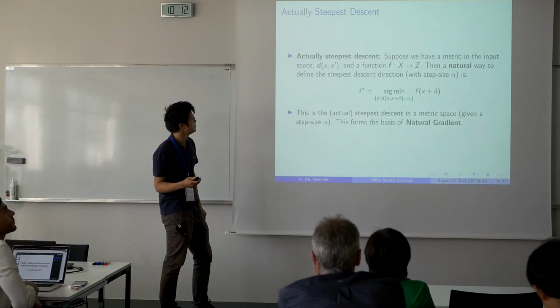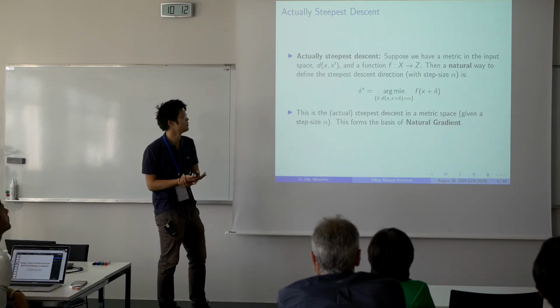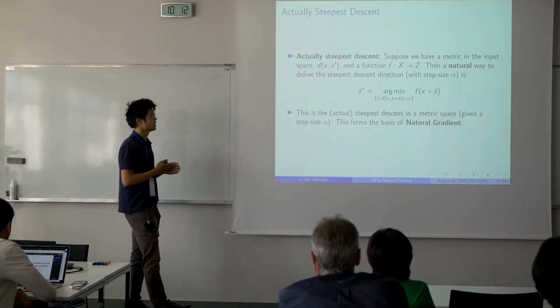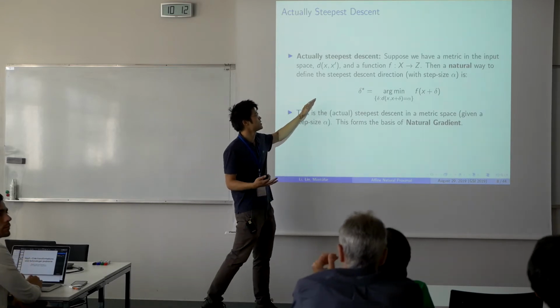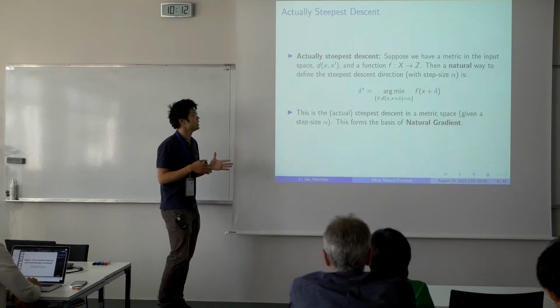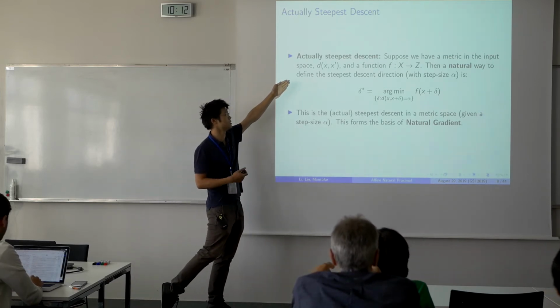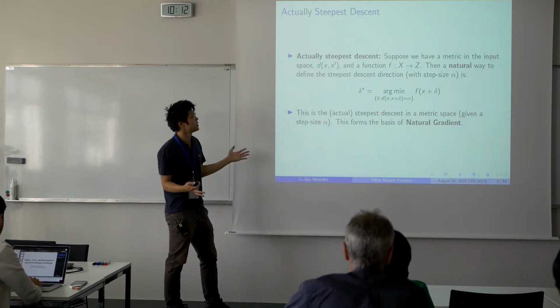Let's rethink what steepest descent is. Say we have a metric on the input space x, a distance d, and a function f.